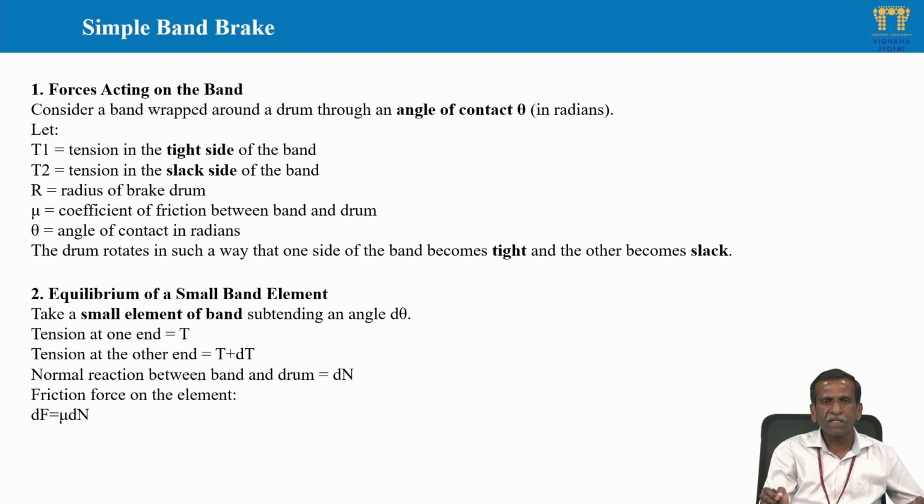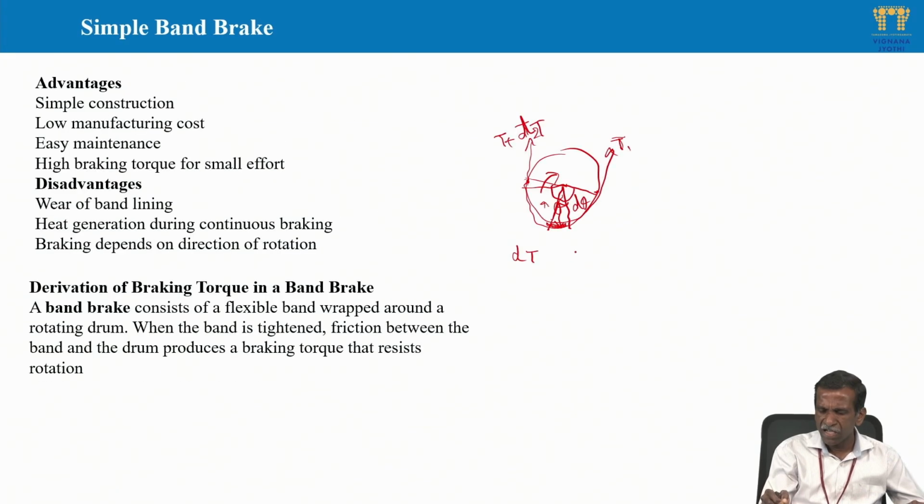What is that normal reaction? Let us say the normal reaction is dN. I am showing the small belt length we have taken on the drum, and this normal reaction is dN.